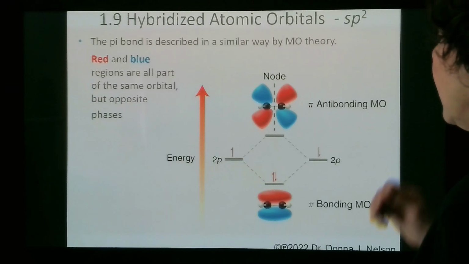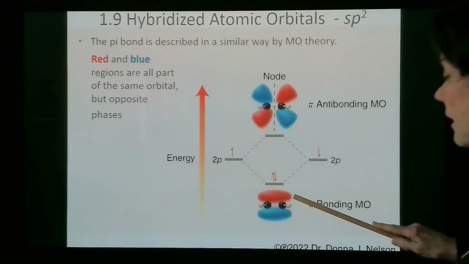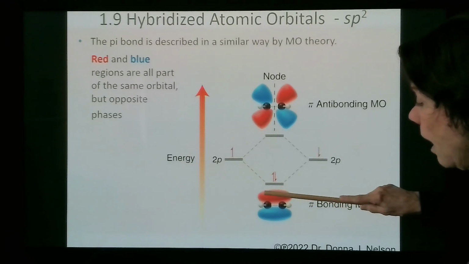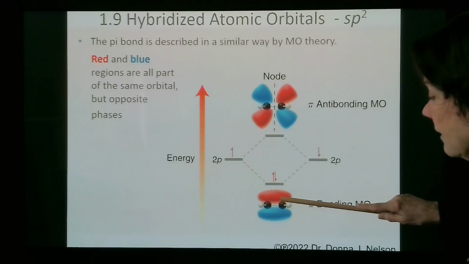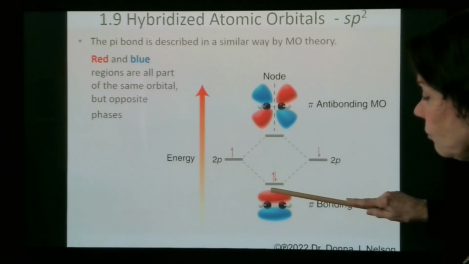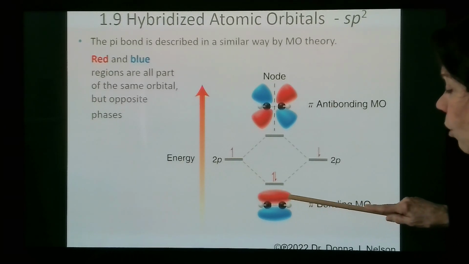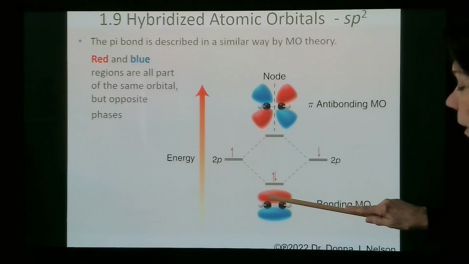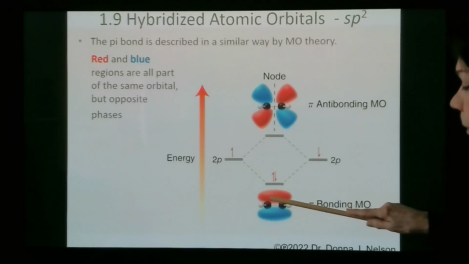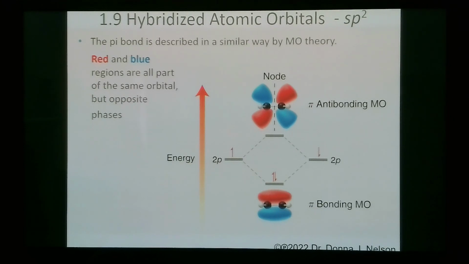So now, let's look at this. Here is a molecular orbital. Do you see how this orbital is going across? It is delocalized across both nuclei. So this is a molecular orbital. Above and below the plane, that's one orbital if you add together the part above and below the plane.